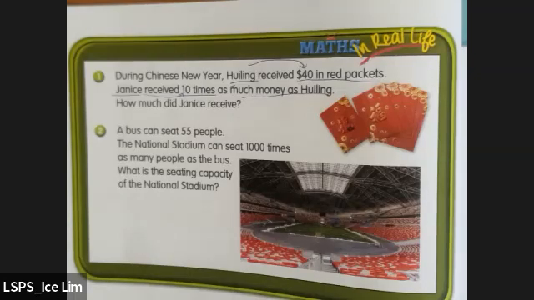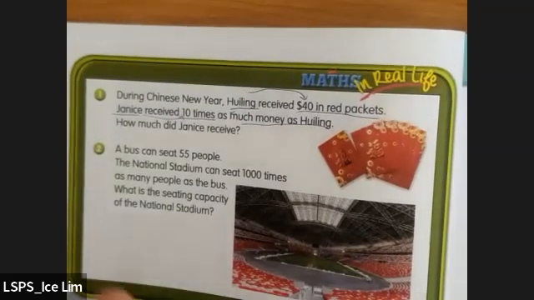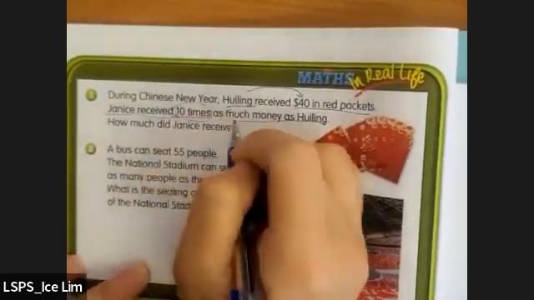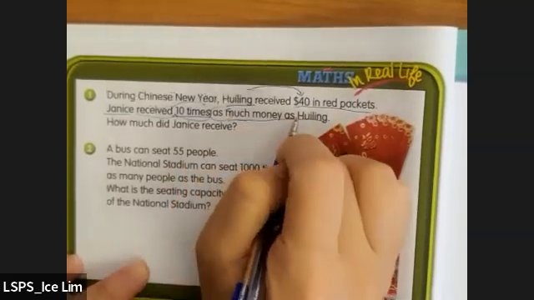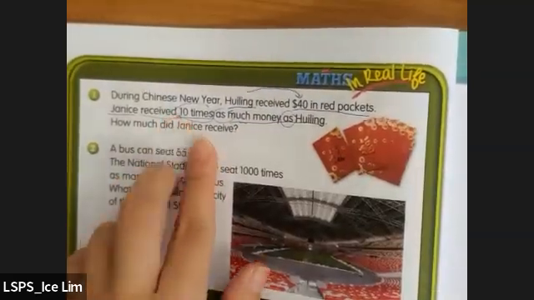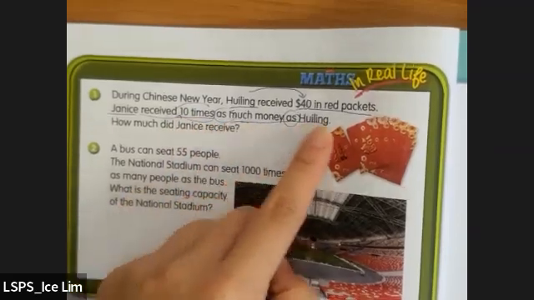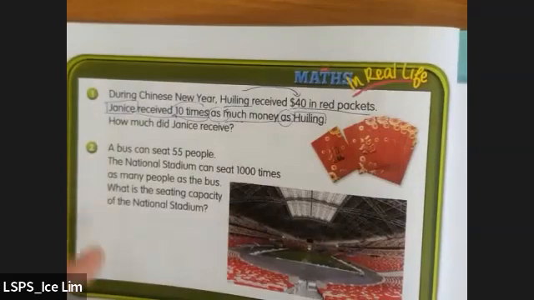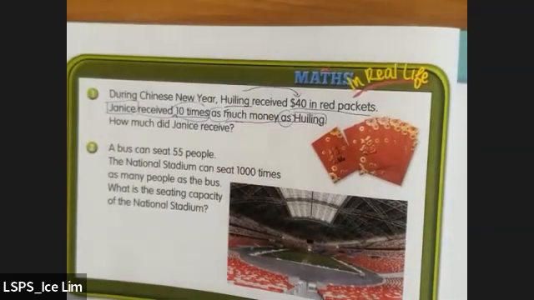Which sentence tells you that there's a relationship between Hui Ling and Janice? Janice received 10 times, the second sentence. 10 times as much as. So you are able to see a relationship between the two of them because of this phrase, these terms: 10 times as much as, person A and person B. Is this question difficult?